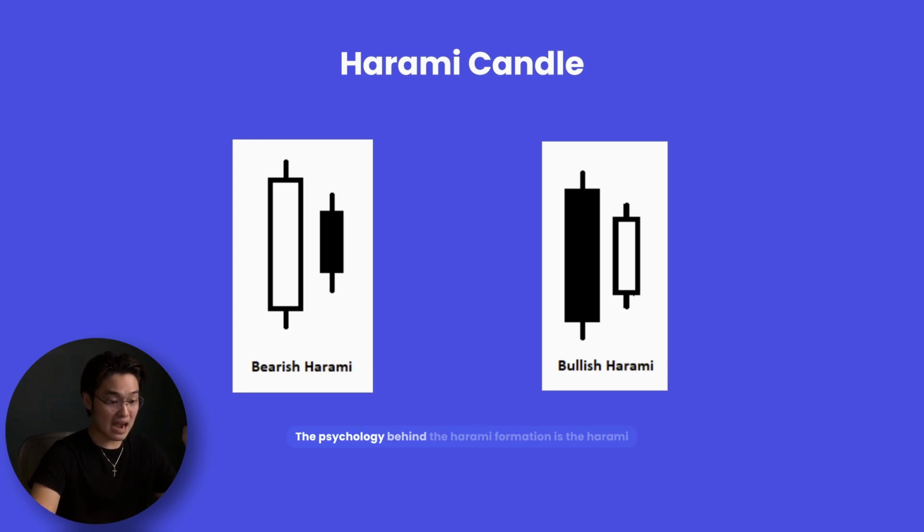The psychology behind the harami formation is that it forms when a dominant force, buyer or seller, begins to lose its momentum. The market maker, the big institutional player, is often reassessing their position in the small candle. The pause could be due to unfilled institutional orders near an order block.